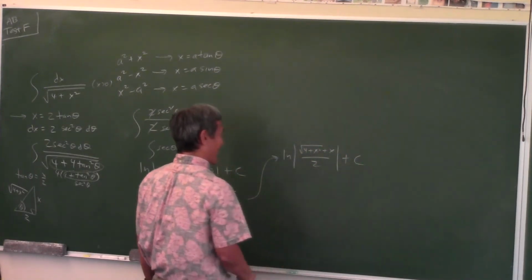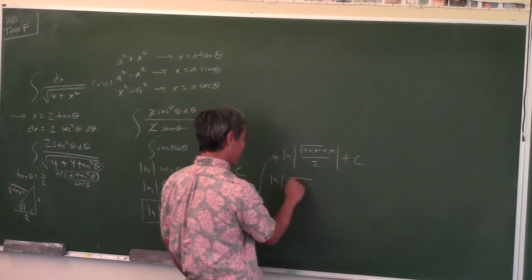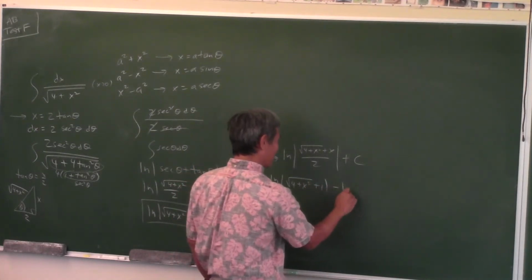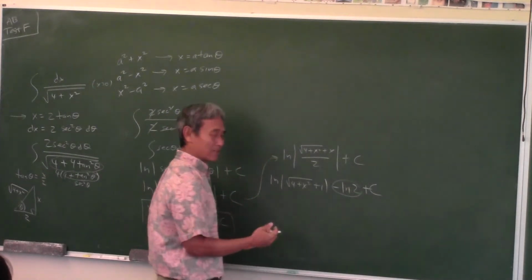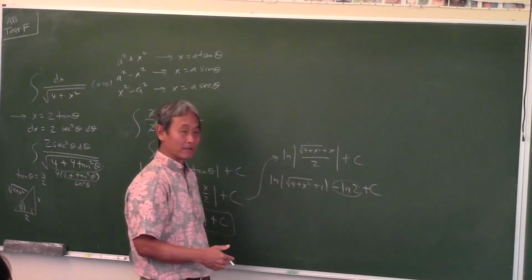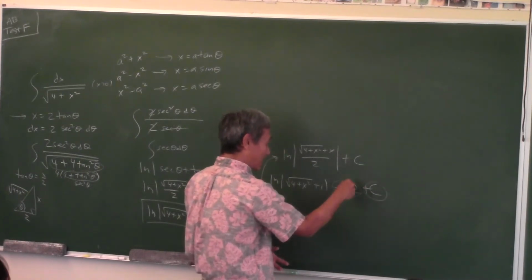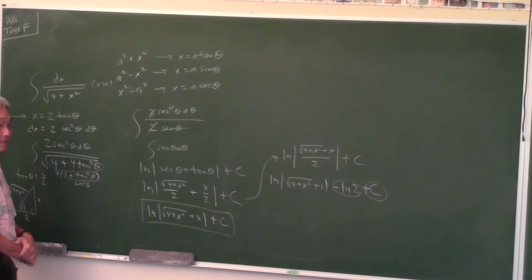And then if you use your properties of logarithms, that's the natural log of the absolute value of root 4 plus x squared plus x, minus natural log of absolute value of 2, plus C. But then isn't this just a constant? Natural log 2 is just a number, right? So then you just incorporate it into this plus C, because a constant plus a constant is just a constant.